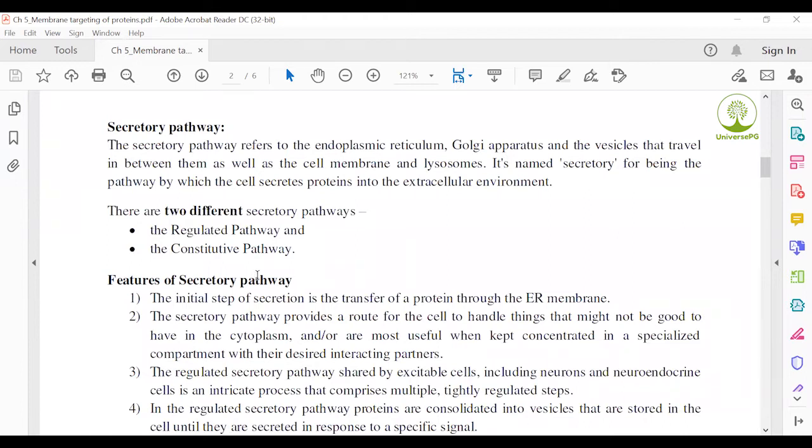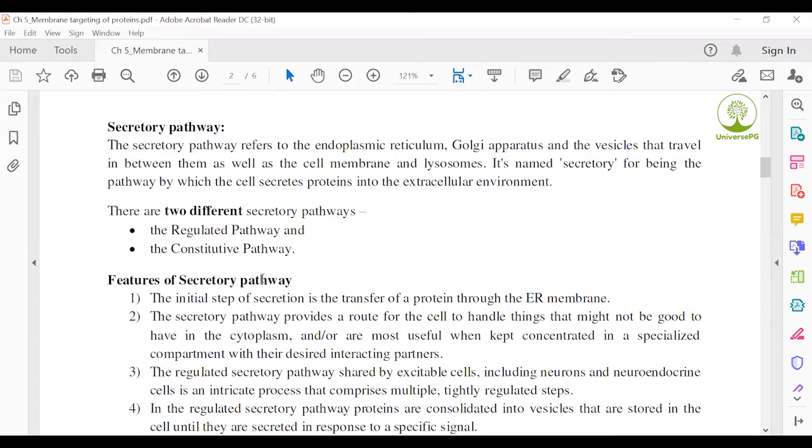What is secretory pathway? The secretory pathway refers to the endoplasmic reticulum, Golgi apparatus, and the vesicles that travel in between them, as well as the cell membrane and lysosomes.